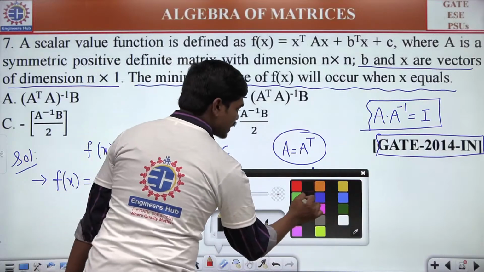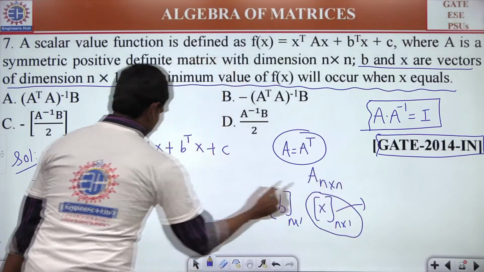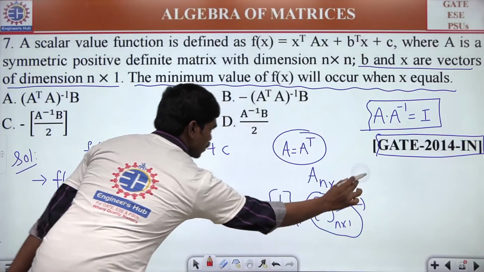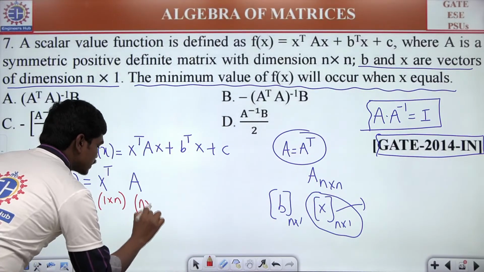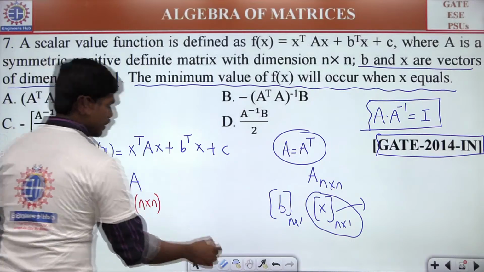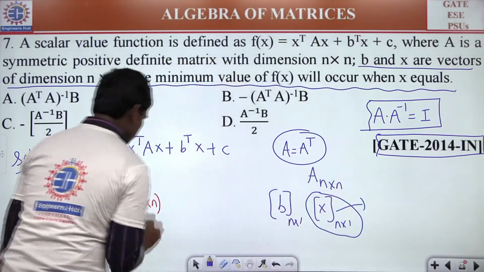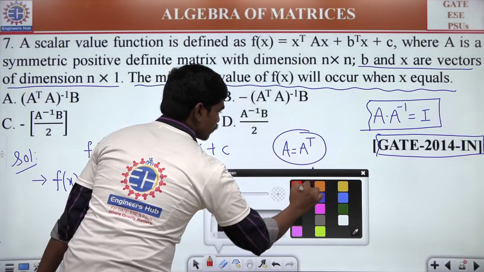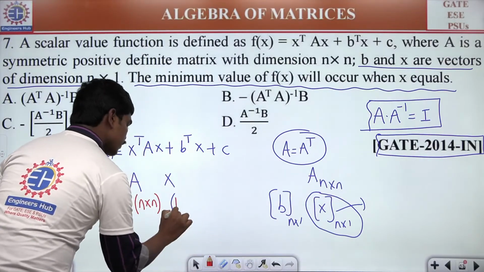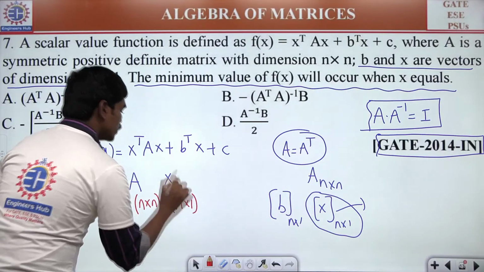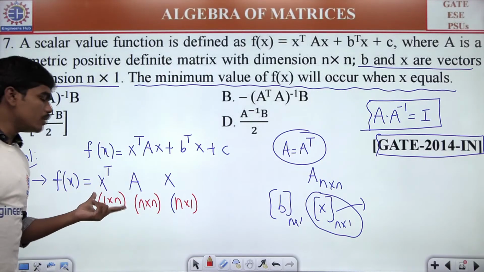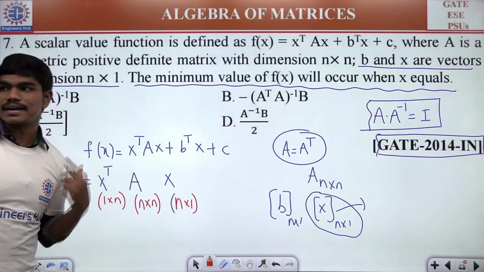Next, again you have matrix A. Matrix A is of order n by n, it's clearly given, and of course you have a product of x here, which is of order n by 1. So now if you multiply these three matrices, can you tell me what is the order of the resultant matrix?